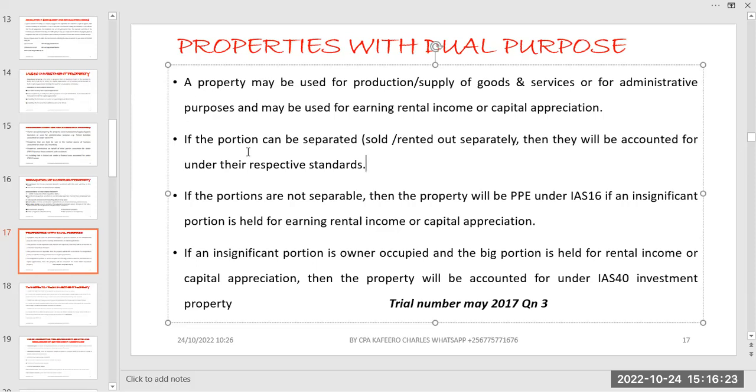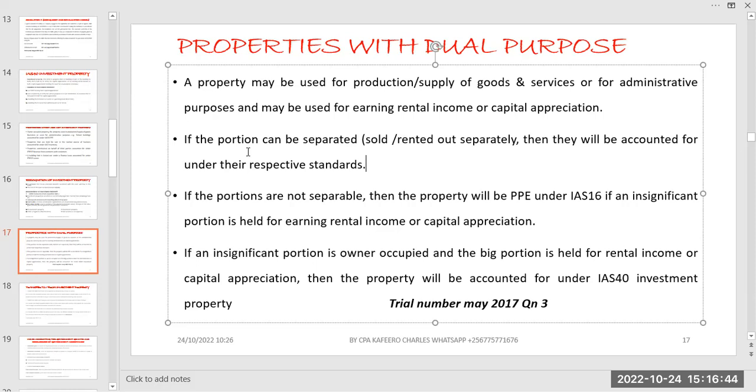If that thing can be separated, you can identify it separately and you say this part, this level, let's say level 3, level 4 on an apartment, is mainly for rental.